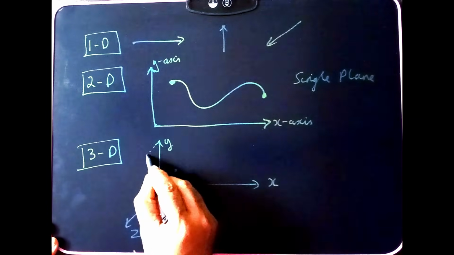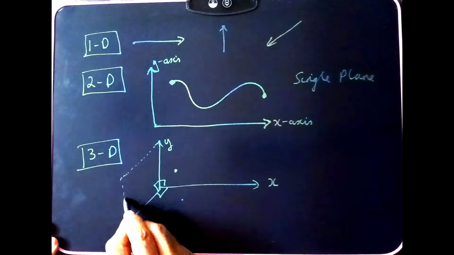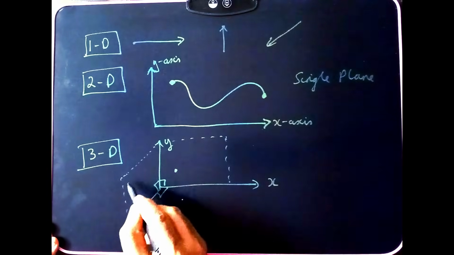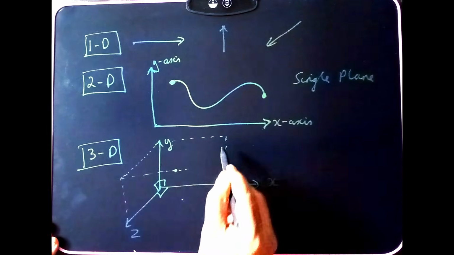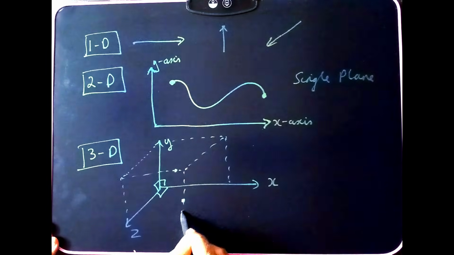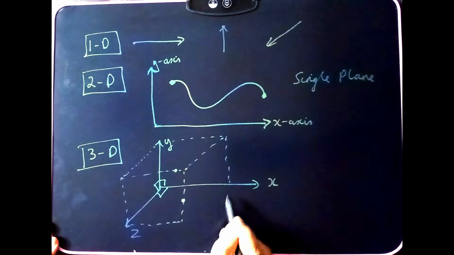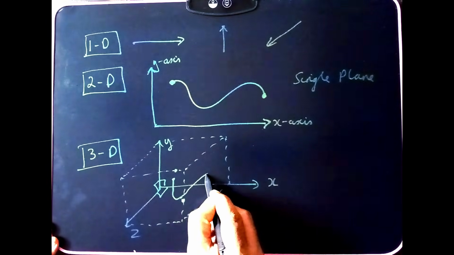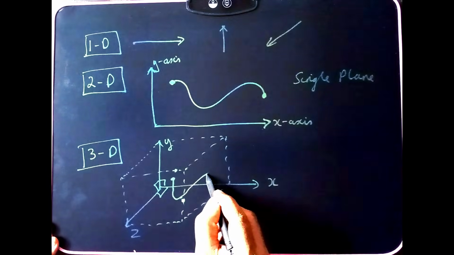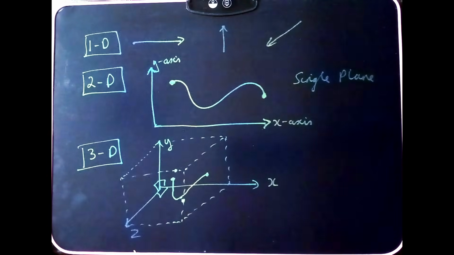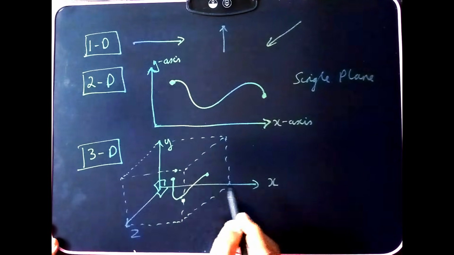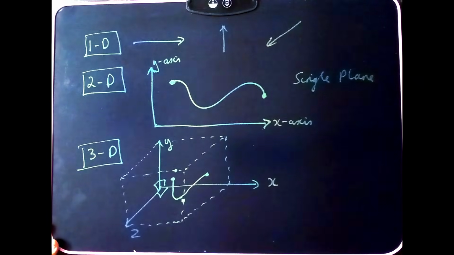It's like a cuboid, like a cube. If you can imagine this is a cube, and the particle is moving inside the cube in all three axes. So the position of the particle is represented over the y-axis, x-axis, and z-axis.